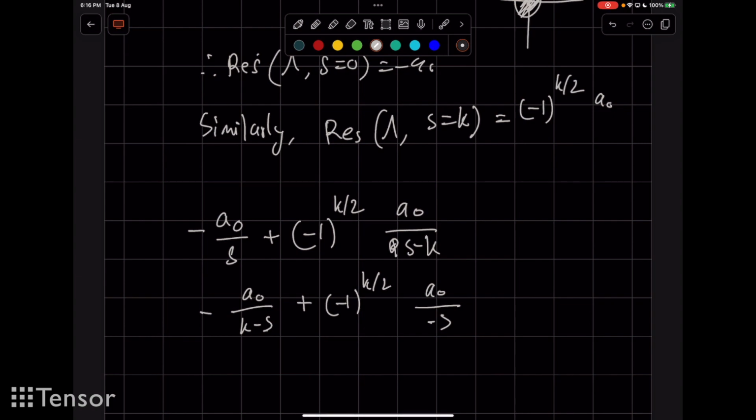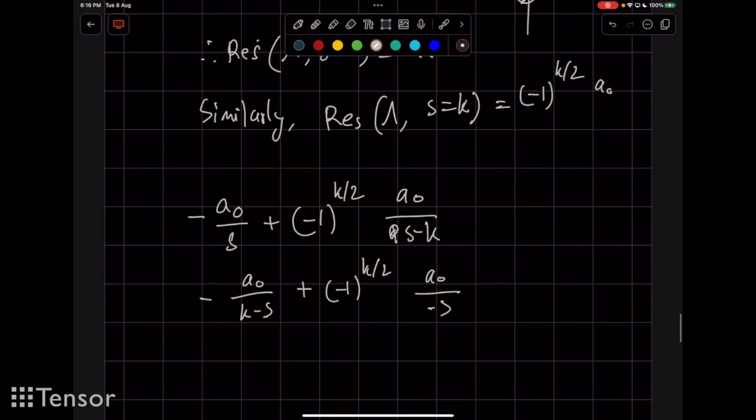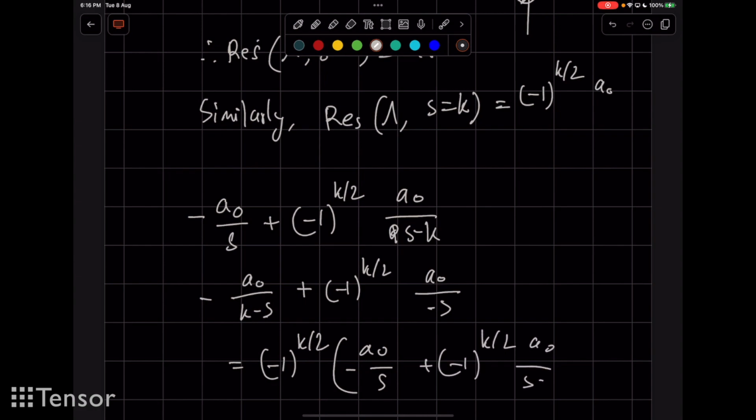That's right. So this is basically (-1)^(k/2) times (-a0 over s plus a0 over s minus k). So the constant terms carry a negative sign if we replace s with k minus s.